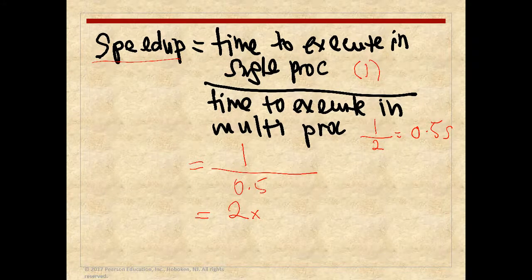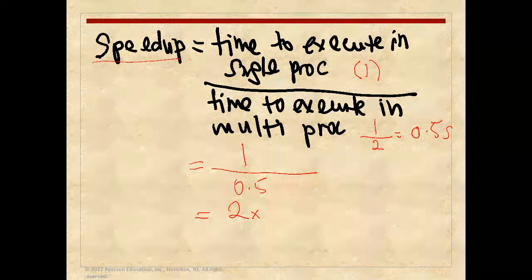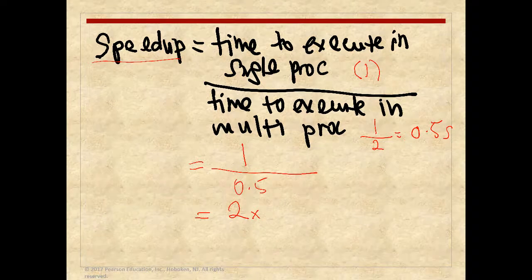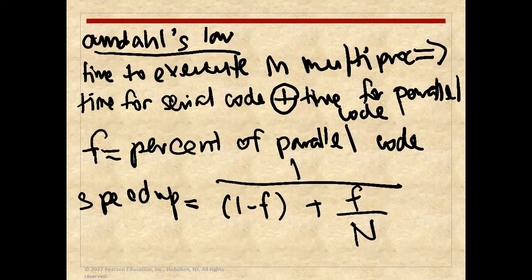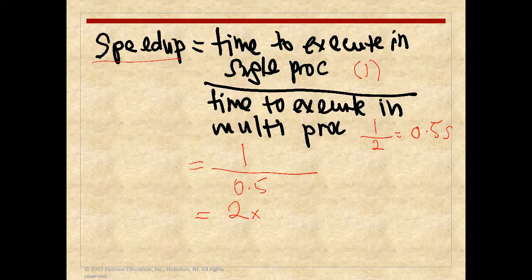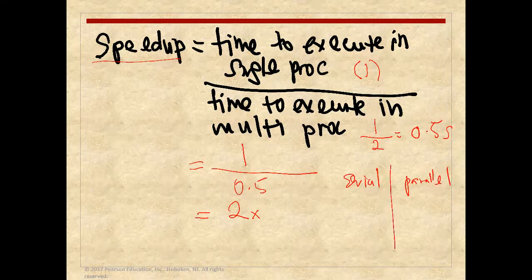However, we need to understand that this is only in an ideal situation, but in reality, this is not the case. In reality, a program may consist of serial and parallel code. What is the difference?